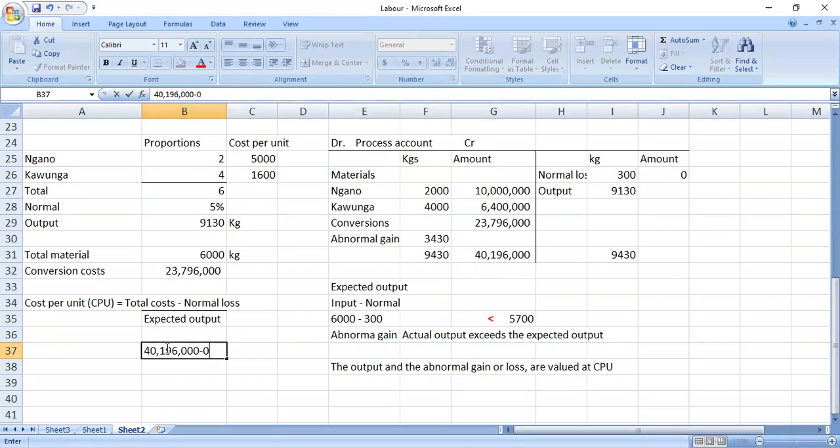Normal loss is valued at 0, so the amount is 0. This whole thing is divided by expected output. I already have the figure here, but I can choose to say the same as the input, which was 6,000 units, then minus the normal loss, which was 300. Down here we're talking about units, up here we're talking about amounts.